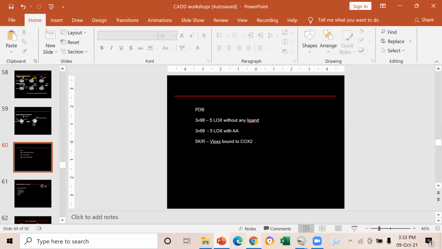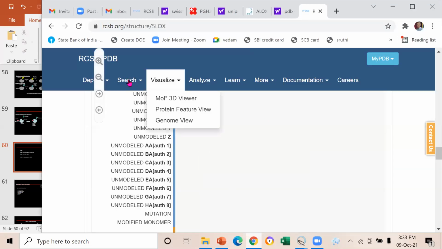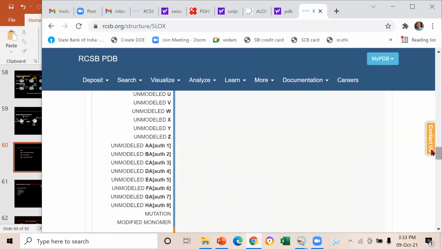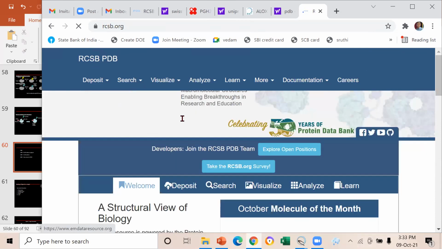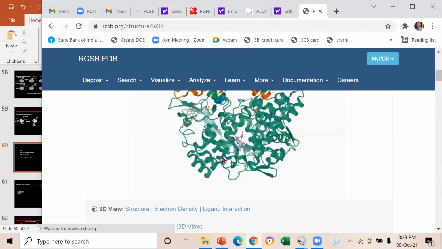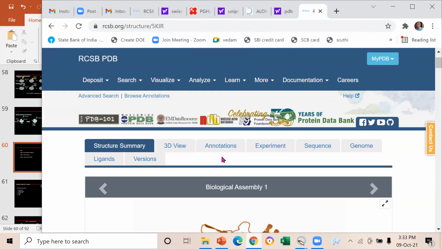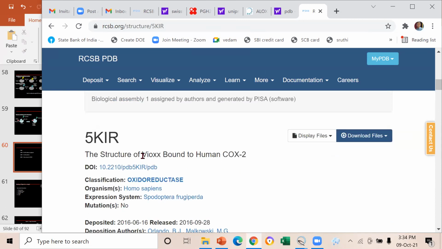5KIR is cyclooxygenase 2. This is Vioxx, a commercial drug.